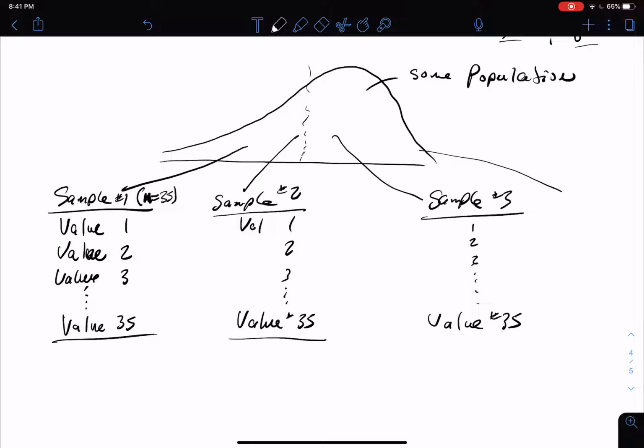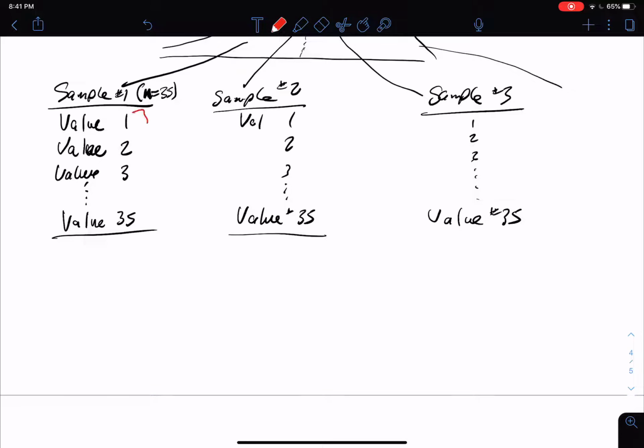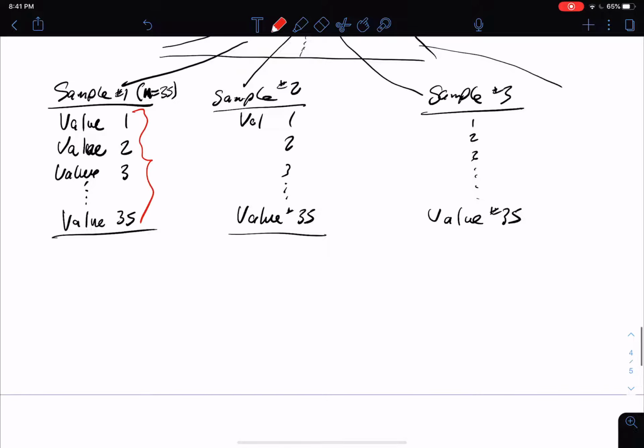But the point is that once you have a sample, you can do something with this information. One of the things we do is add up all the values and divide by 35, and that gives us a sample mean. That x bar is the variable we like to use that gives us the mean from the sample instead of the mean from the population. So this is the mean from a sample.